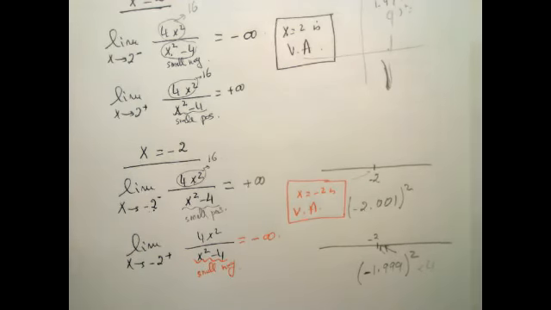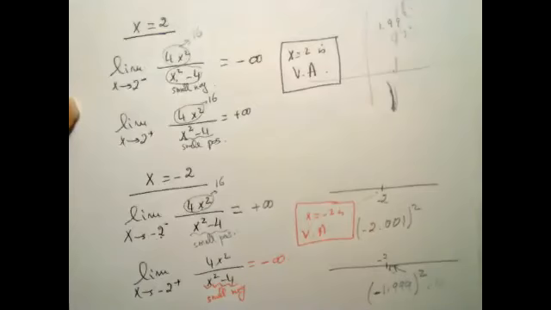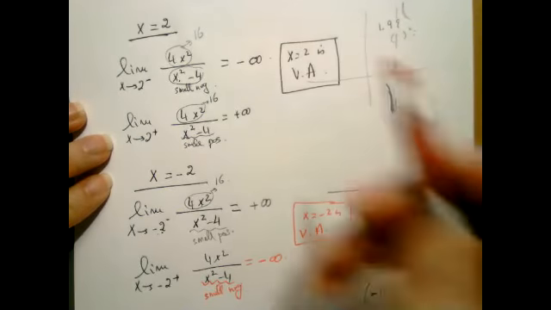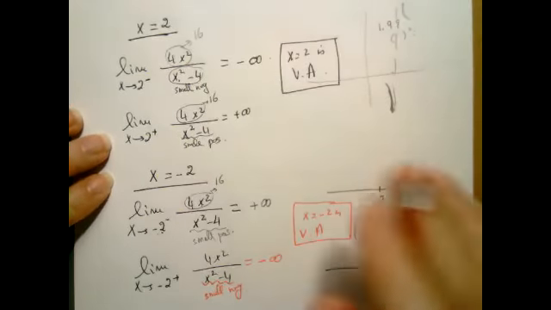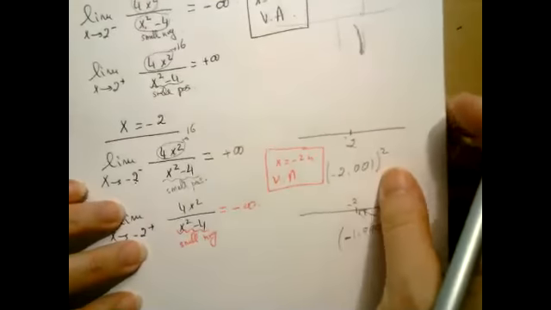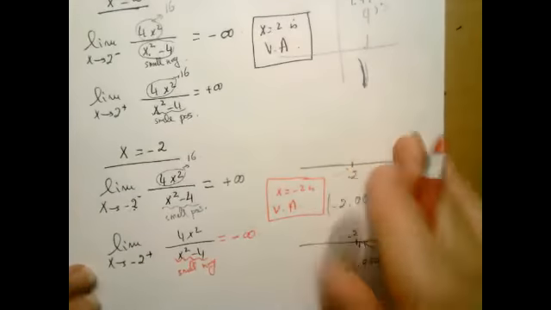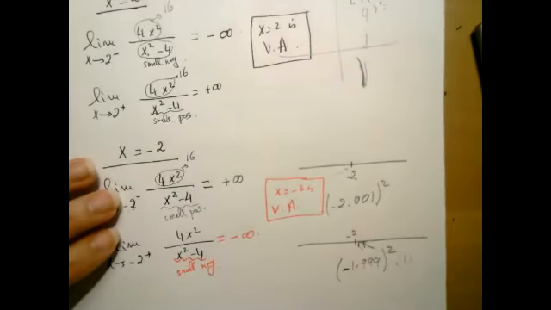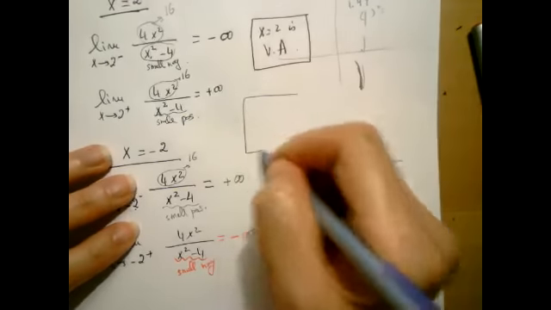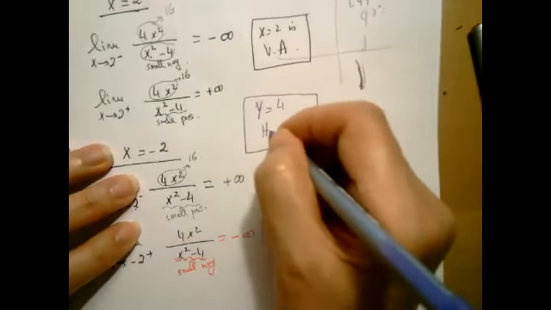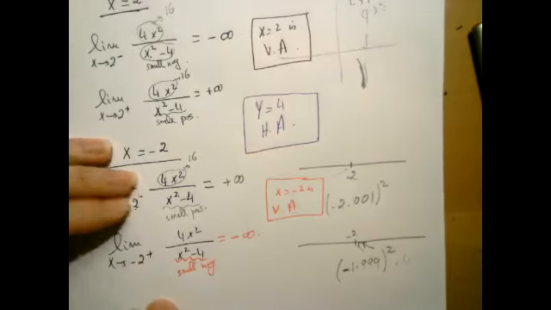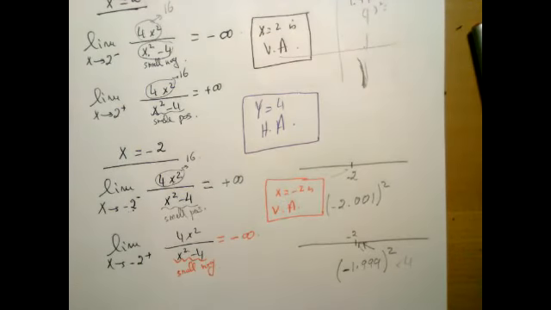So I have this info and the other info, so I need to write it down. So what else do I have? I have this, I have that, and I also have y equal to 4 as a horizontal asymptote. Okay, that's the information. Now let us make a rough sketch.